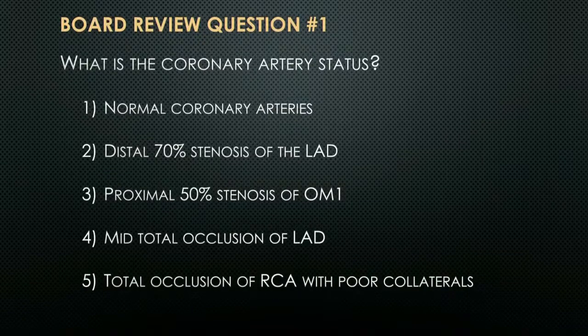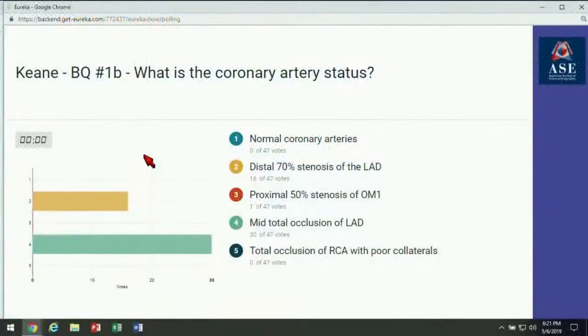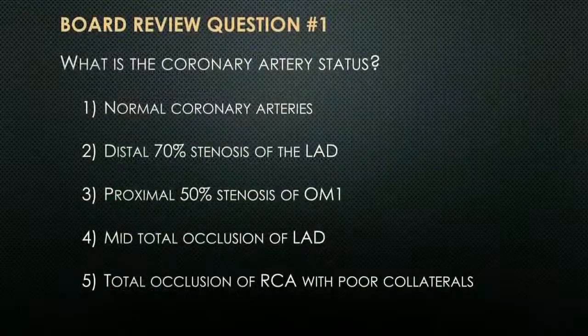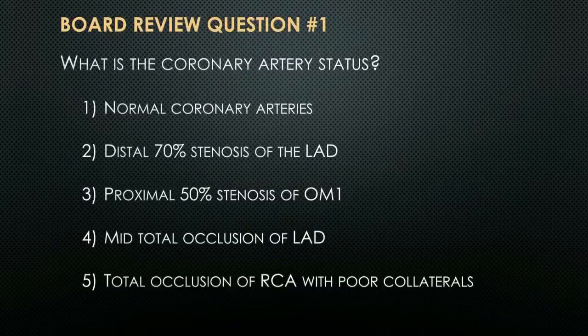We should reveal the thoughts. Yes, very good. The wall motion abnormality, particularly in the apical 2-chamber view, begins reasonably proximally in the anterior wall.